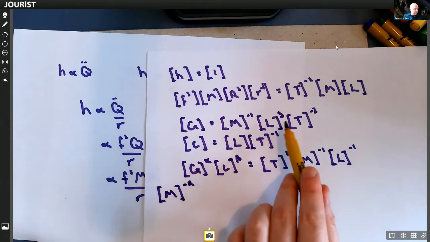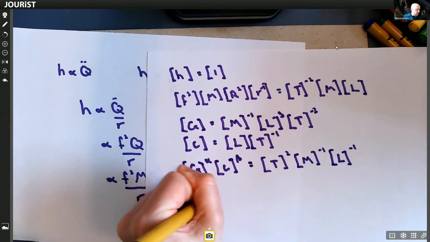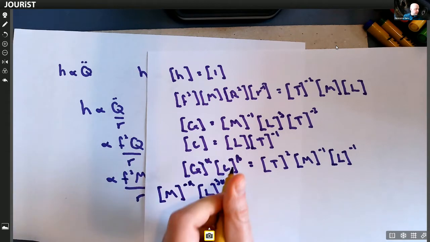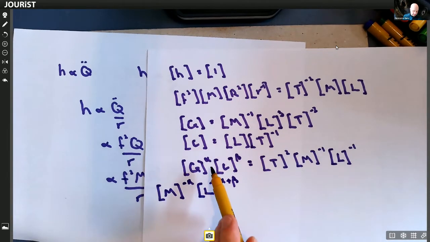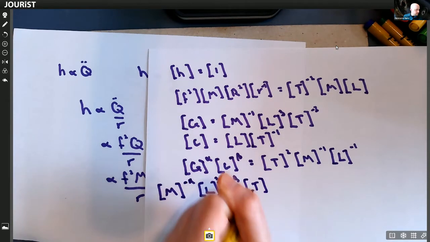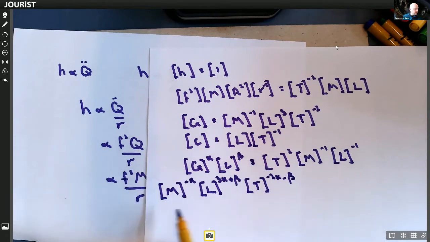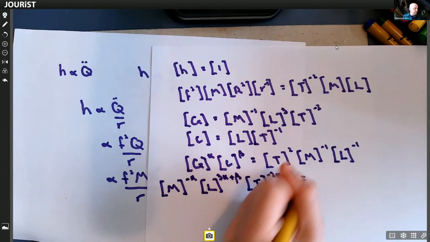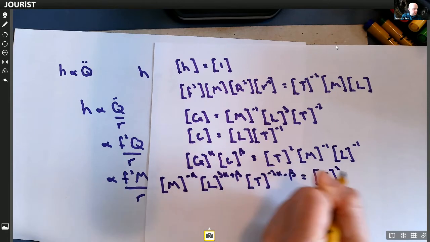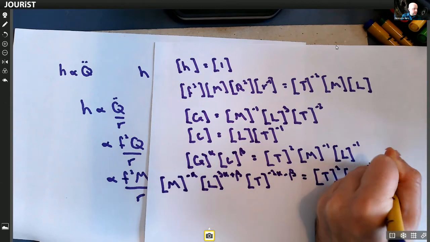Going to have then length 3 alpha plus beta, and then time -2 times alpha, and then minus beta. That's this side. If we have some powers of G and c, we want this to equal T squared, M to the -1, L to the -1.